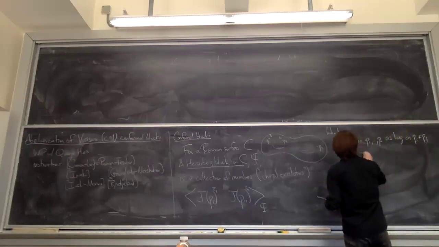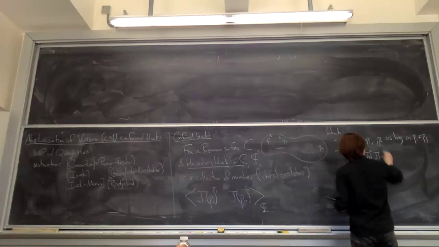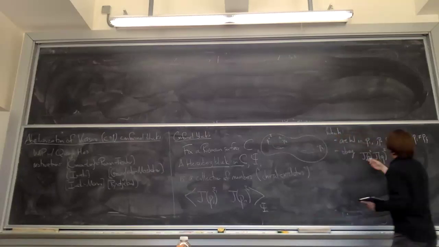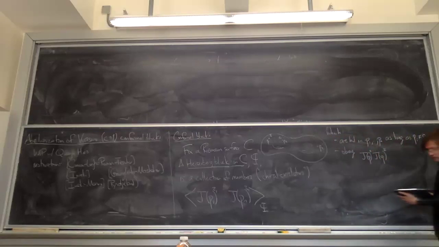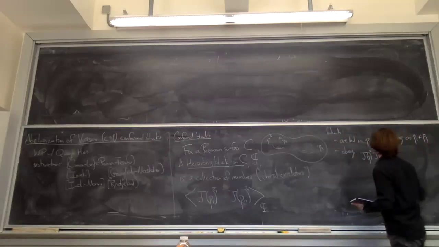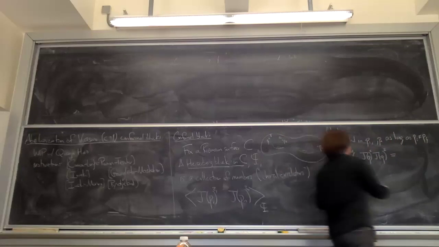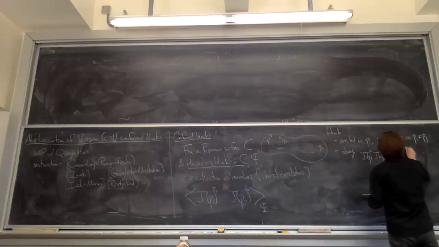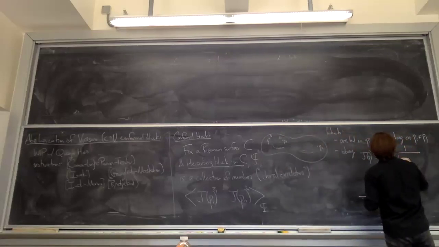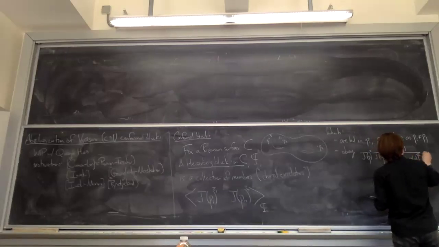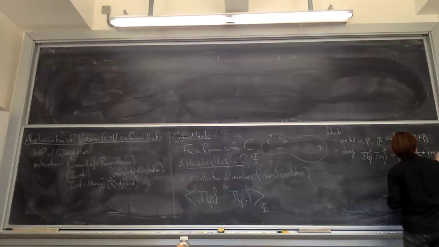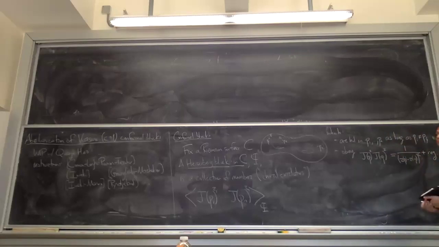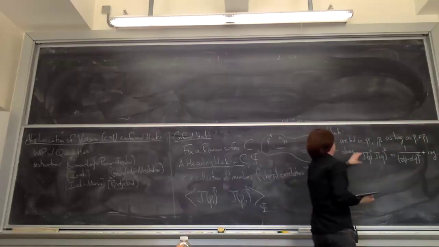I'll write the relation like this, that J of P, J of Q, suppose P and Q are both contained in a common coordinate disk. When P and Q come together, they're supposed to have a singularity which looks like this. It's supposed to be 1 over the z coordinate of P minus the z coordinate of Q squared plus regular.